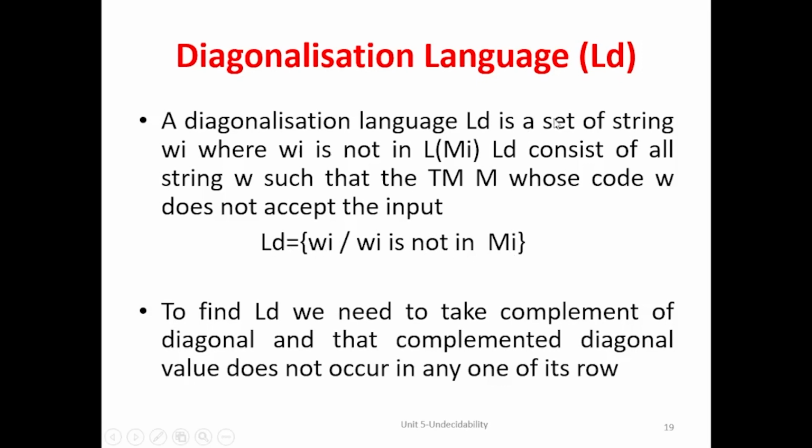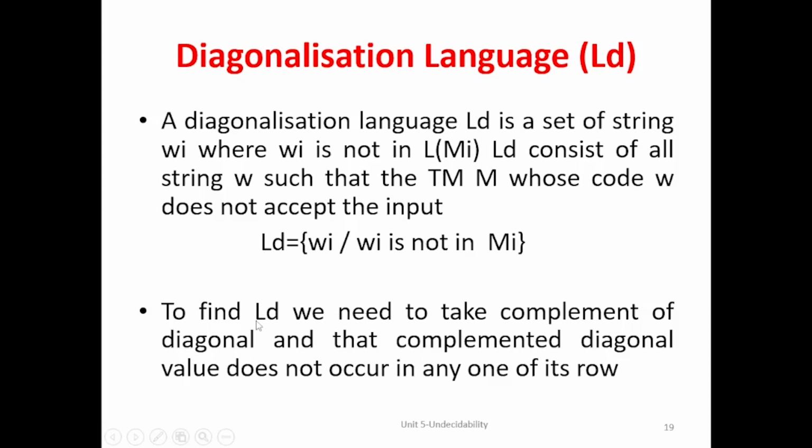But if you consider diagonal language LD, LD contains a set of strings, but those strings are not accepted by that Turing machine M. That type of language is called a diagonal language, and the process of forming those strings is called diagonalization.